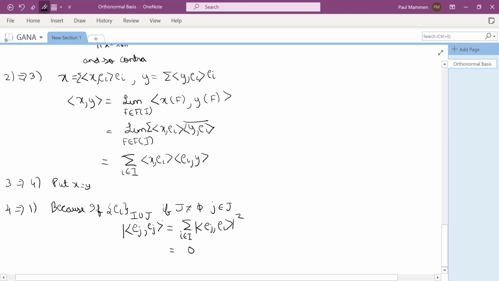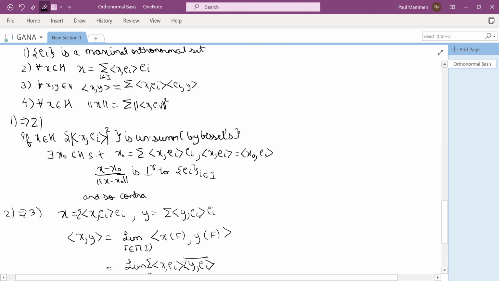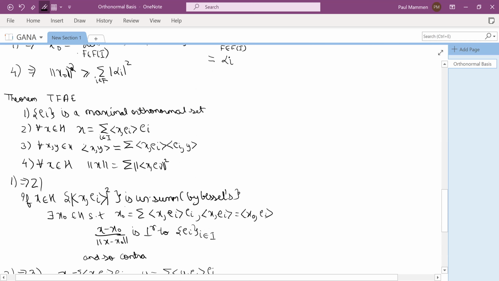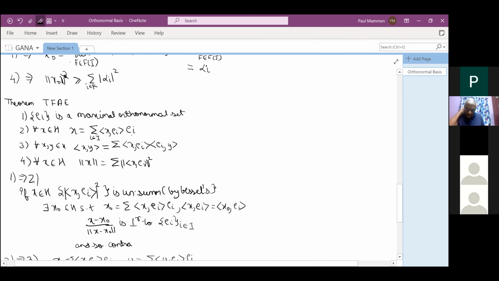Oh, sorry, this should be squared. And so this is what we get, contradiction. And so 4 implies 1. And yeah, the set generates arbitrary sums, and I have this arbitrary projection. What was usually a finite sum has now become an arbitrary sum over an arbitrary indexing set.